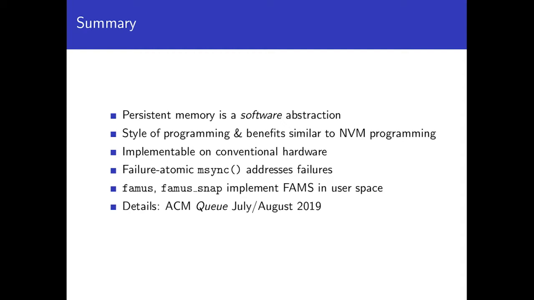Famous and Famous Snap are user space implementations of failure atomic msync. One has been released recently, one is imminent, and I have this article in the current issue of ACMQ that talks about persistent memory programming on conventional hardware, gives you some details about Famous. Now I'm happy to take your questions.